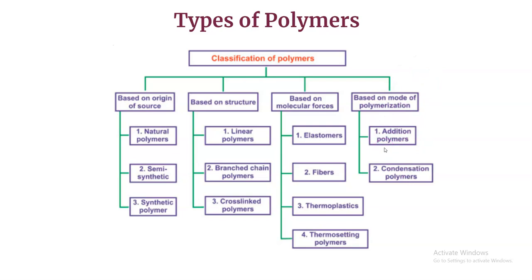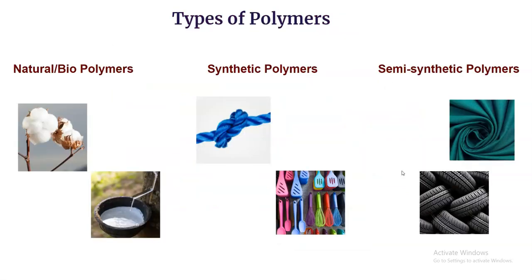I'll probably talk about all this in our future lectures, but for the purpose of this class, we'll be focusing on polymers based on the mode of polymerization, mainly addition and condensation polymers. Our focus will be addition polymers, which we'll go into detail on, but I'll also briefly mention what condensation polymers are. So let's go forward.